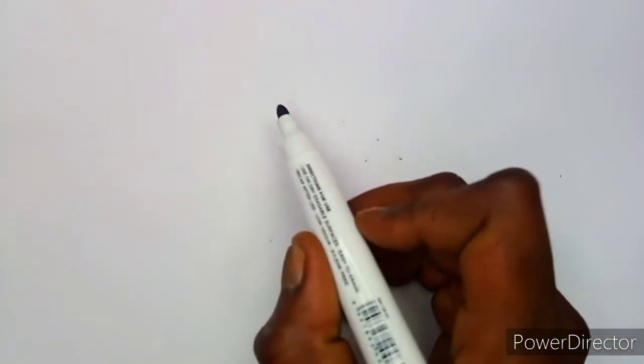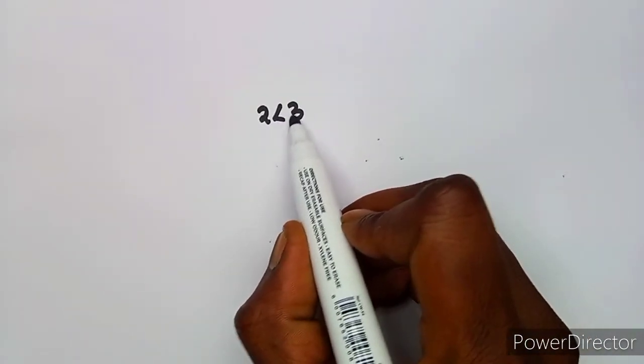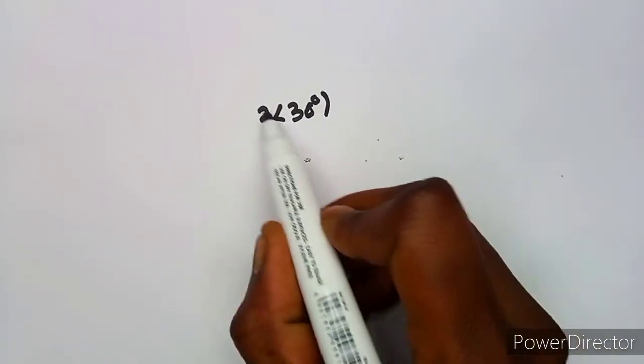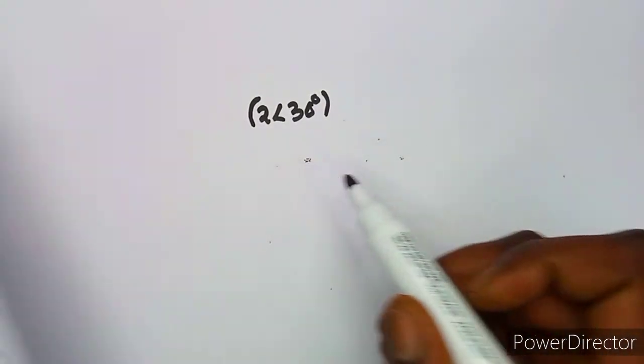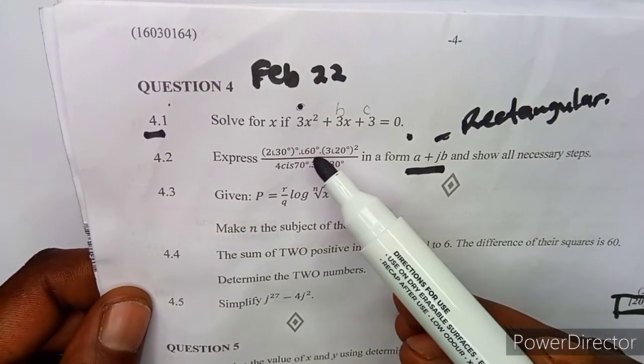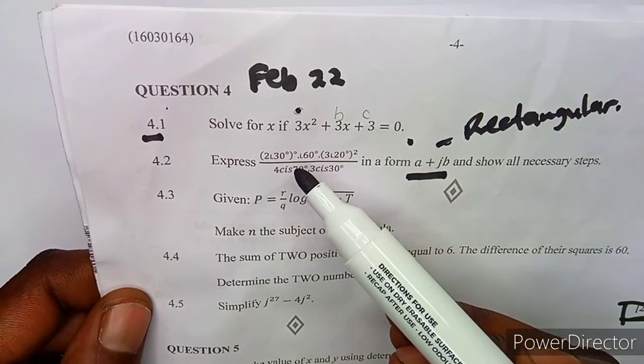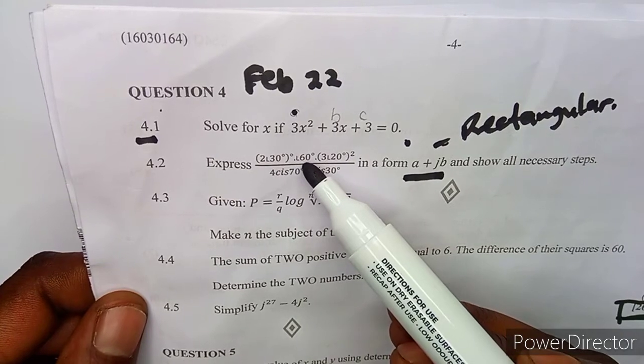How are we supposed to do this, guys? We are given an angle of 30 degrees, and according to the presentation, I'm just taking it according to what I'm seeing, because here we don't know whether this is in degrees or what. And here, as you can see, we're just given an angle of 60.